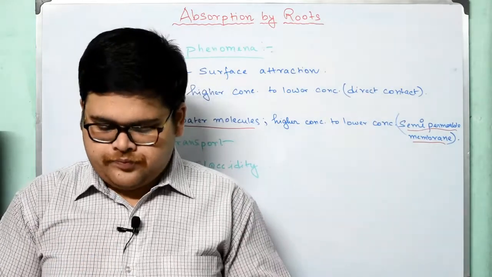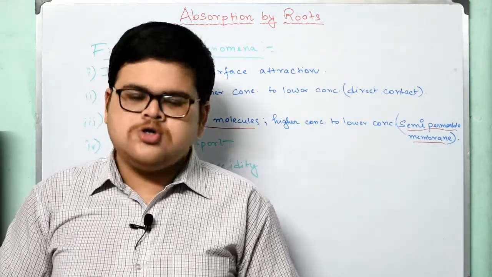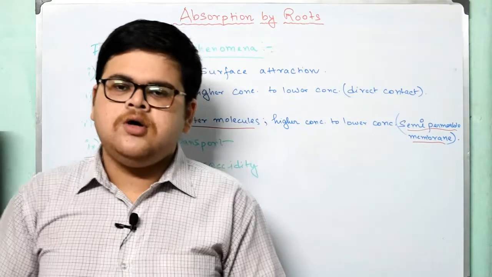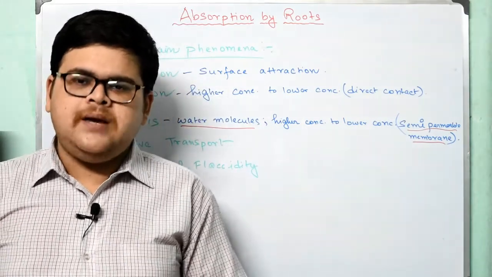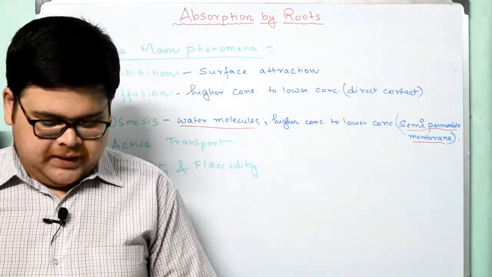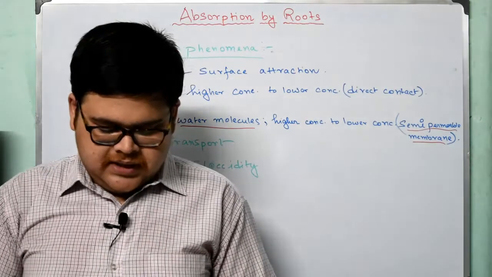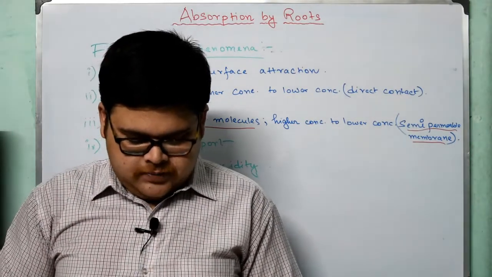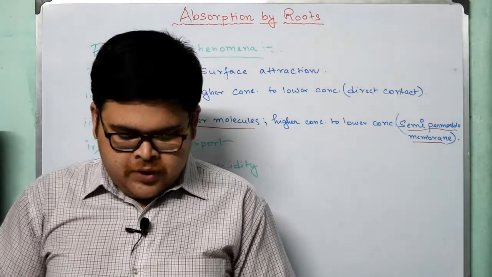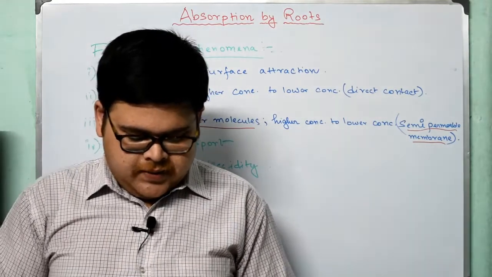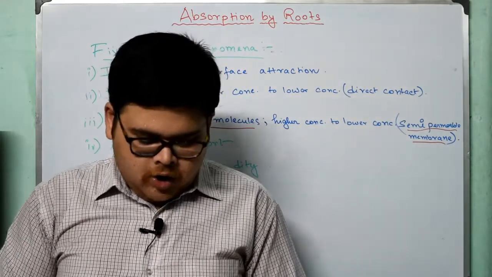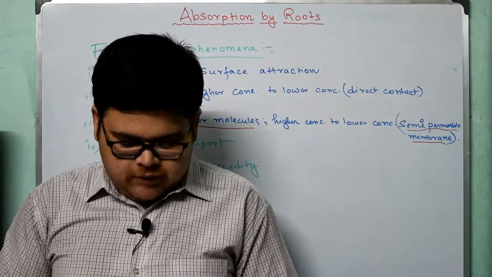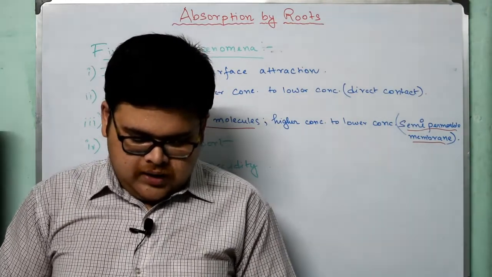Okay, so what is osmotic pressure? Now we will go to a new term. Osmotic pressure is the minimum pressure that must be exerted to prevent the passage of the pure solvent into the solution when the two are separated by a semi-permeable membrane. Or simply, osmotic pressure of a solution is the measure of its tendency to take in water by osmosis.